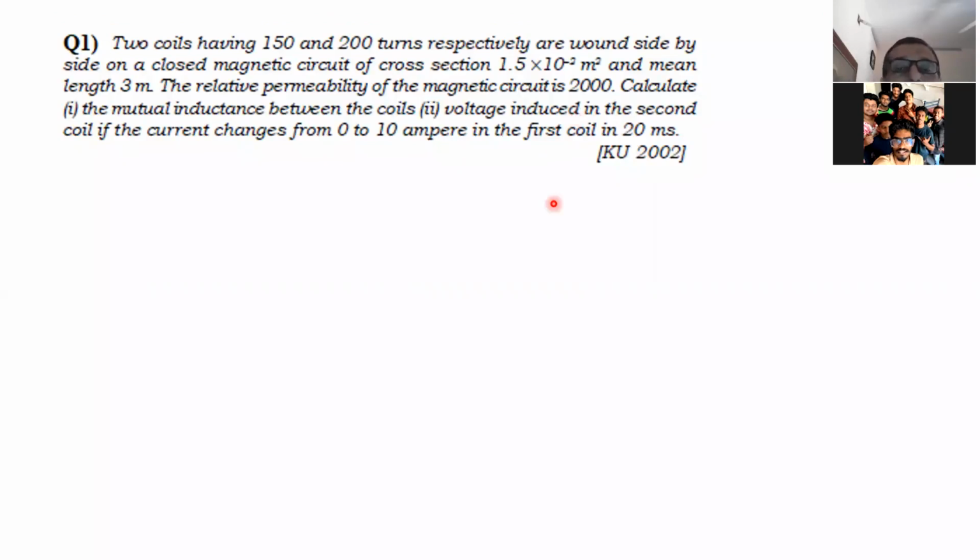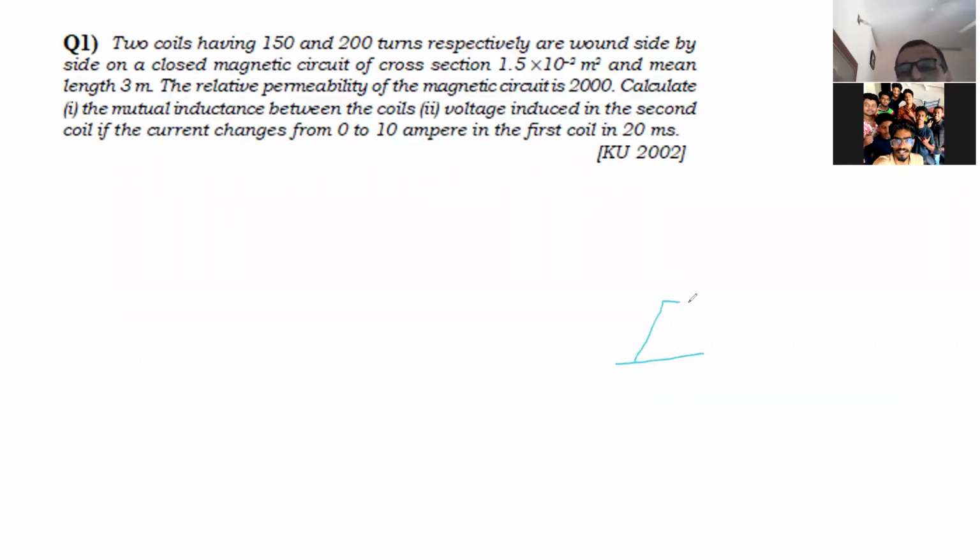Yes, read the second part again. Voltage induced in the second coil if the current changes from 0 to 10 ampere in the first coil in 20 milliseconds. What it means is, this is the time axis. The current increases like this.